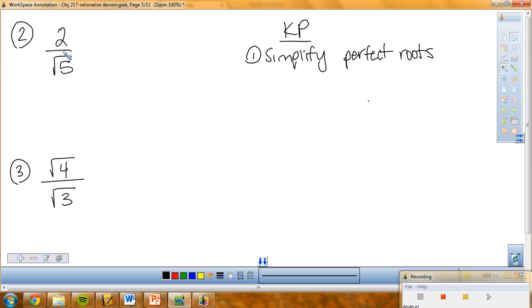Looking at example 2, I can't simplify the square root of 5. It's not perfect, but I do know that having the square root in the denominator, the bottom of my fraction, is going to be a problem. So I need to figure out how to get rid of that. So here we say multiply by, and this is a kind of silly word, the foo.